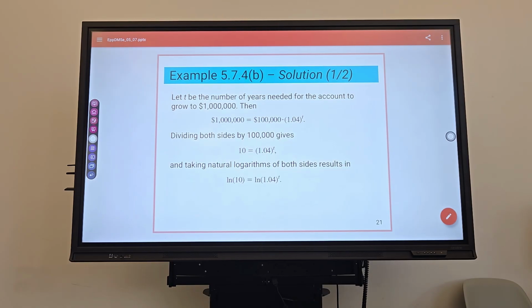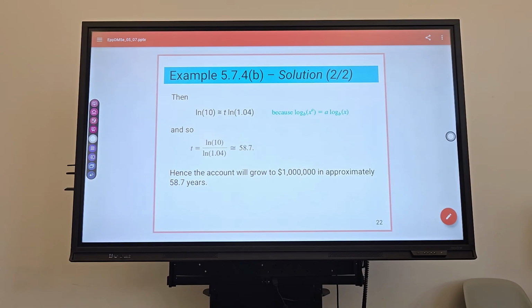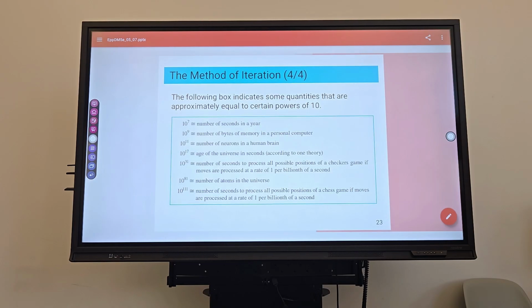Then you substitute 1 million for the balance and solve for t, and taking natural logarithms of both sides results in 58.7 years. Can't wait that long.